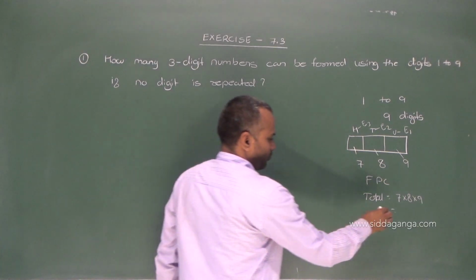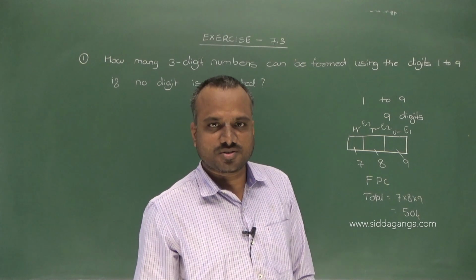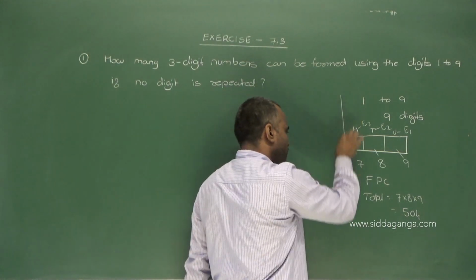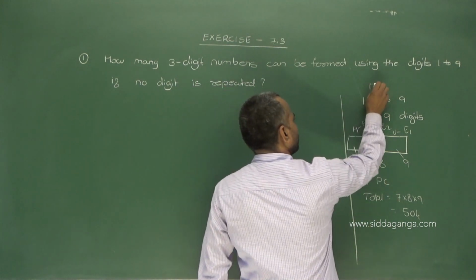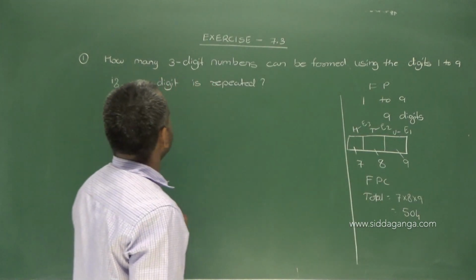Total number of ways is 504. This is the fundamental principle of counting.